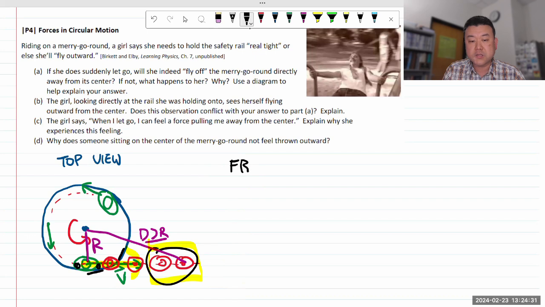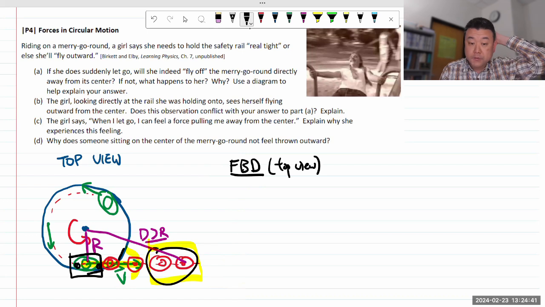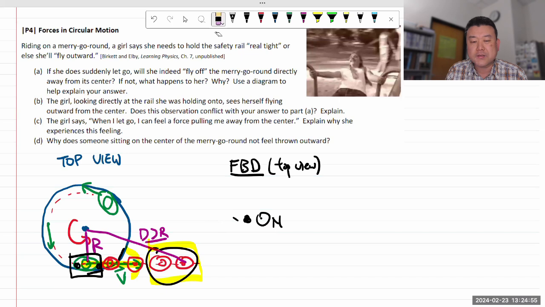So let's imagine drawing a free body diagram of the girl in this position. And let's draw it from the top view. By drawing it from the top view, what I mean is we are not going to draw gravity and normal force, because gravity will be into the page and the normal force will be out of the page. And it's just confusing more than anything. Those just balance each other out, so I won't draw gravity and normal force.